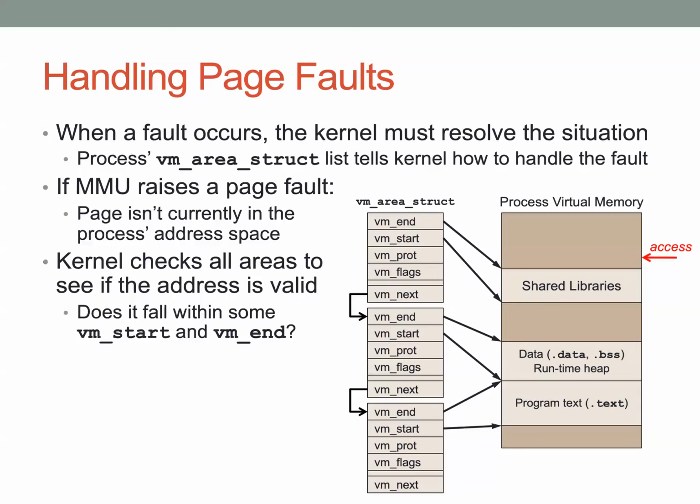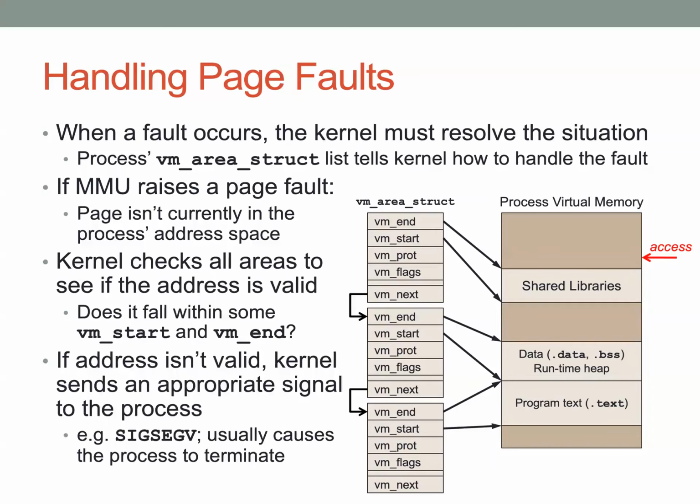So basically, the important thing to understand, and I think many of you have probably seen this because you've worked in the fault handler by now, is that the fault handler gets the address that was being accessed. And so it can use that address to walk through the list of VM area structs, or whatever equivalent you come up with, and it can look at whether or not the address falls within a particular range of addresses.